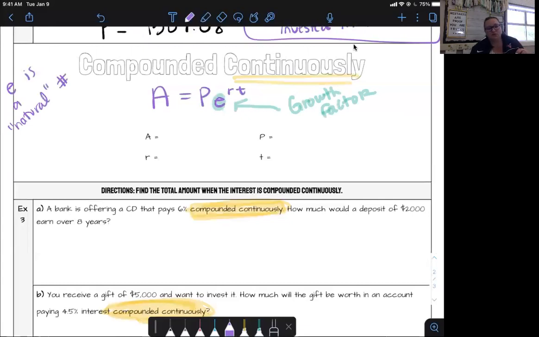And what I mean by natural number is that it's naturally occurring. And in a regular school year, I would actually walk you through how to derive the number e so you can see where it comes from yourself. But for now, you're just gonna have to trust me that this number does exist. It's a naturally occurring number.